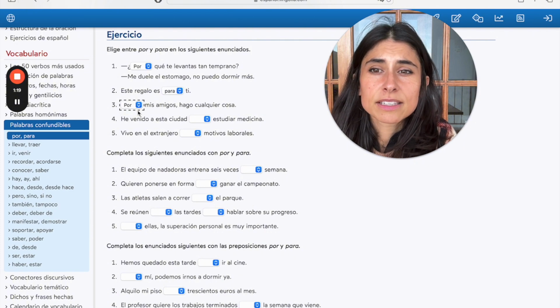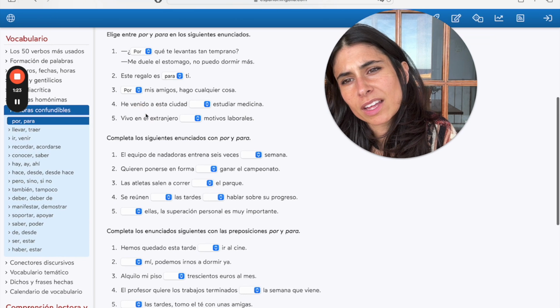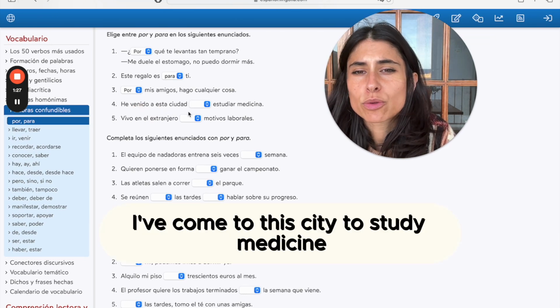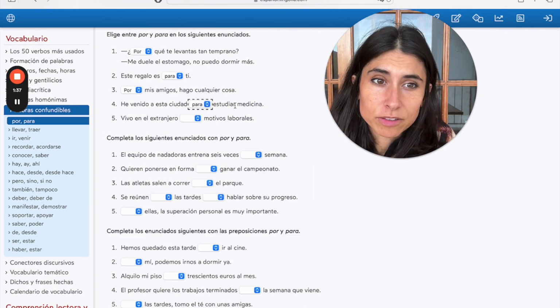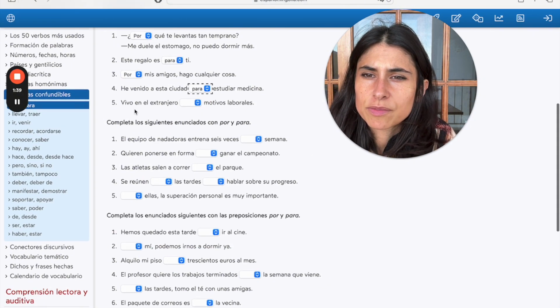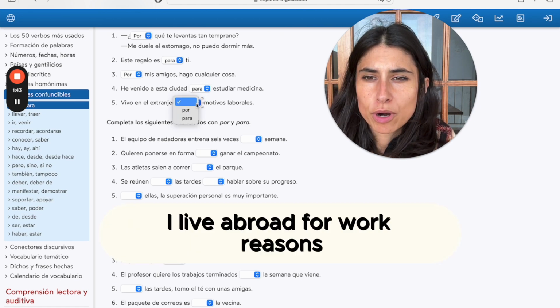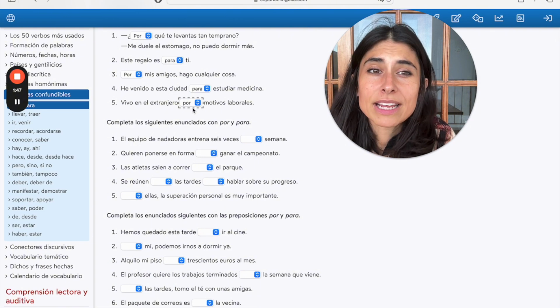In this case, my friends are the reason why I do anything. He venido a esta ciudad para estudiar medicina. Para. It's my goal, it's my purpose. Vivo en el extranjero por motivos laborales. Por motivos laborales, it's a reason why.